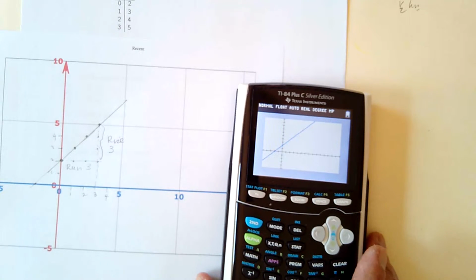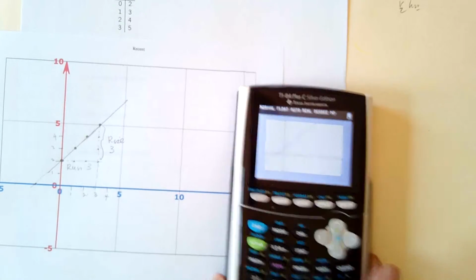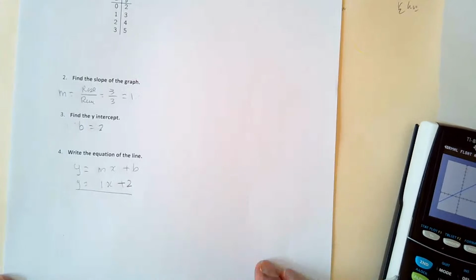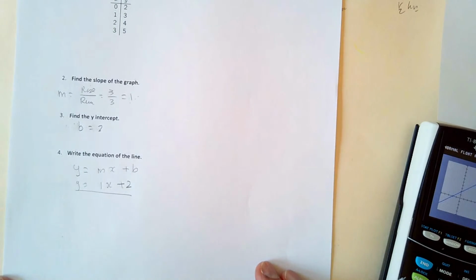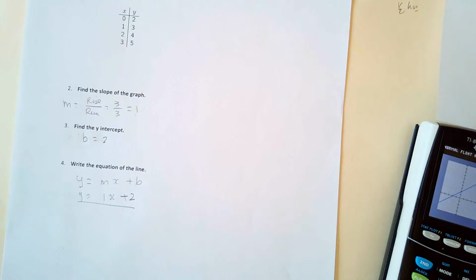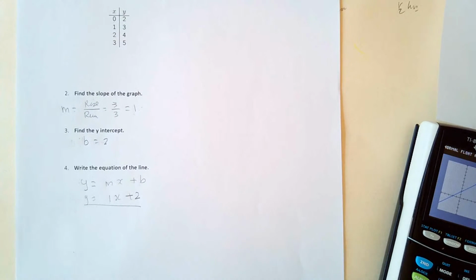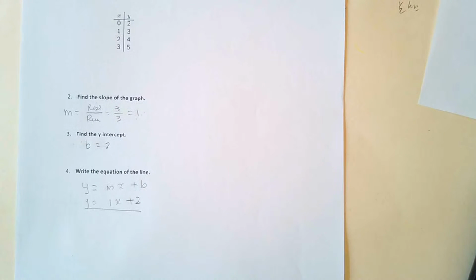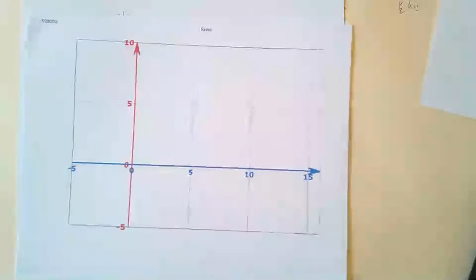So this is the algebraic way of finding the equation of a linear regression, or equation of a straight line. For your activity, if you look just below this video, there is an activity for you to complete. You may need some graph paper, but you don't have to use graph paper.